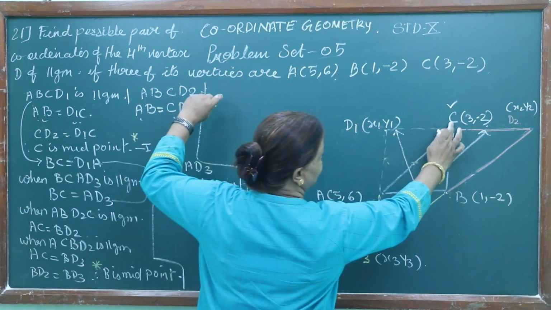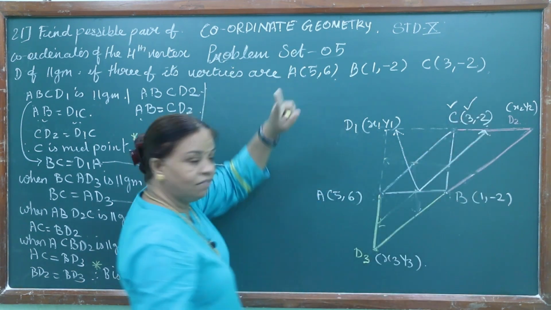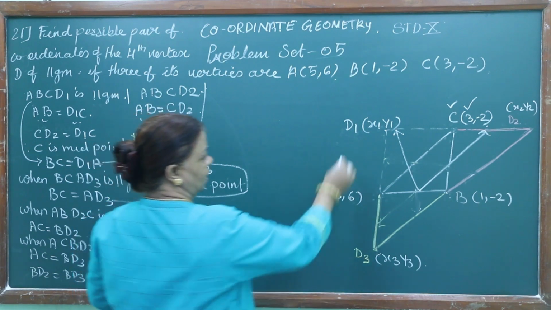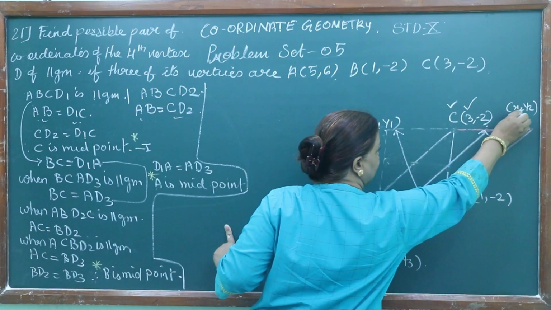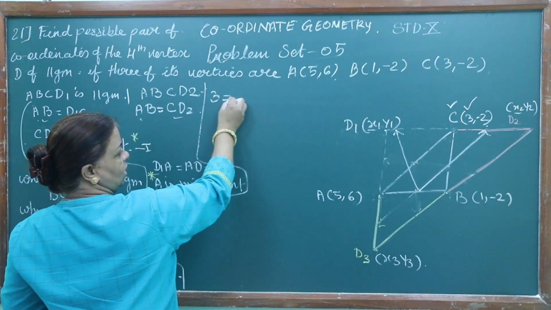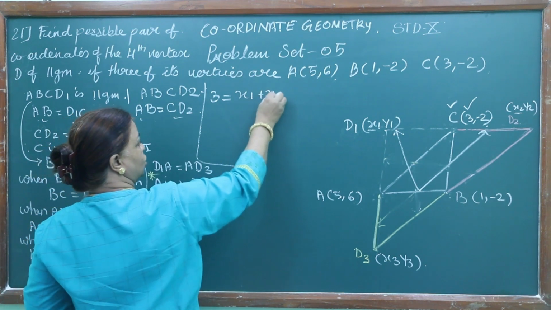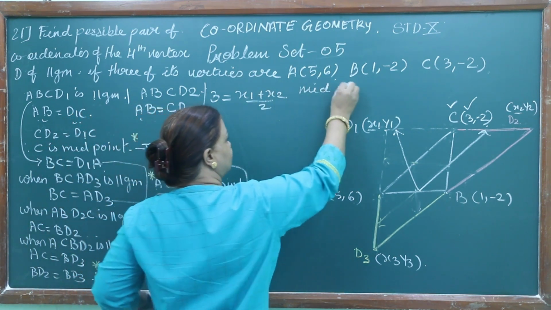Okay, C is the midpoint, na? So if C is the midpoint, the x coordinate of C will be equal to the x coordinate of D1 plus the x coordinate of D2 upon 2. So 3 will be equal to (x1 plus x2) upon 2 by the midpoint formula, children.